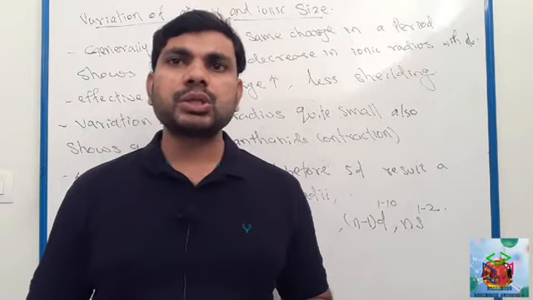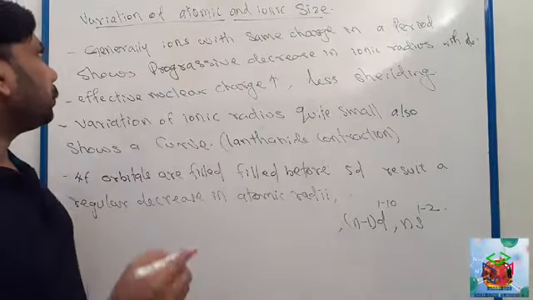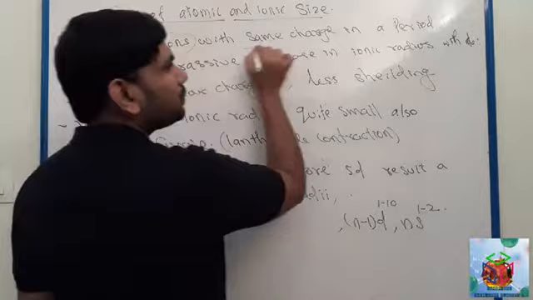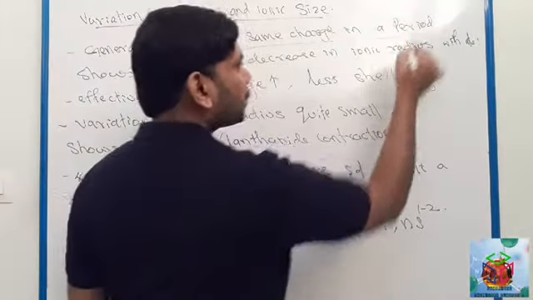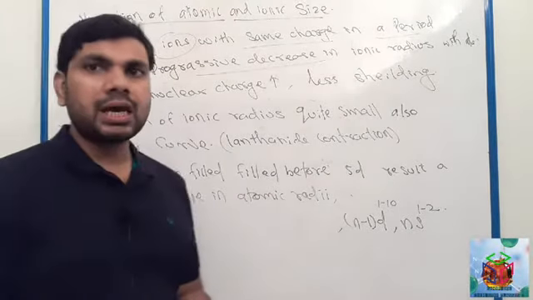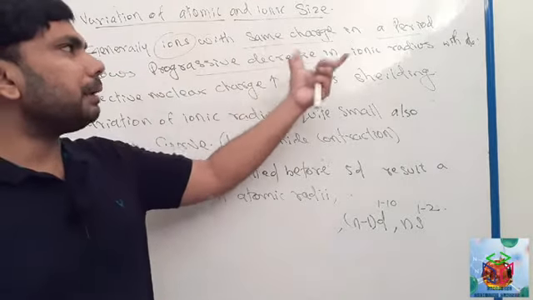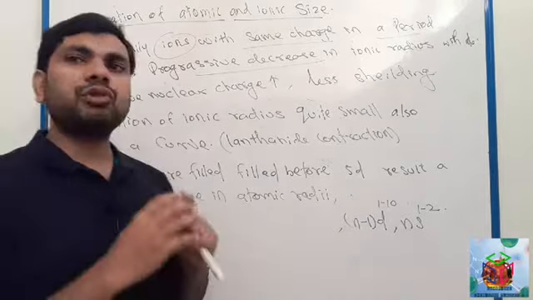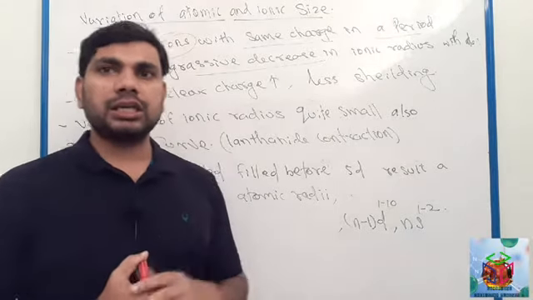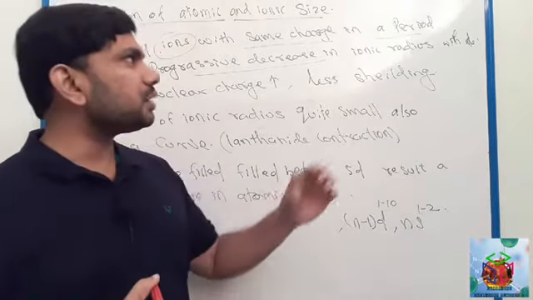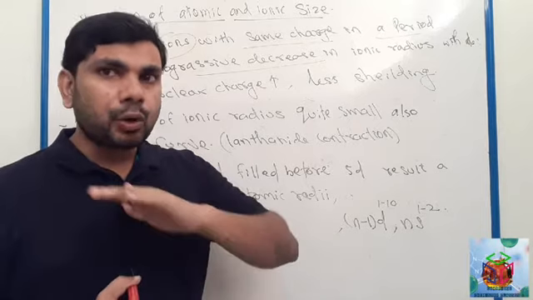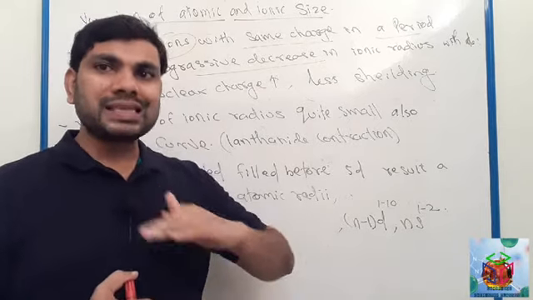Atomic and ionic radius of d block elements. See here, generally ions with the same charge in a period show a progressive decrease in ionic and atomic radius. We are talking about the general case, not the d block. Generally, for ions with the same charge in a period, the atomic and ionic radius decreases gradually in the same way.